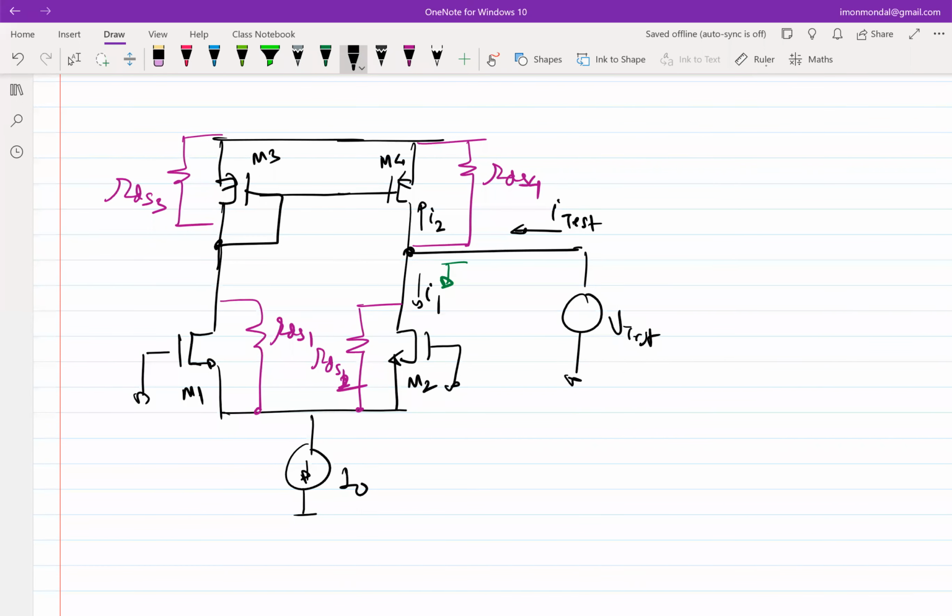We are looking into the drain of M2, but the source of M2 is not grounded. So you need to figure out what is connected to the source of M2 in terms of impedance. What is the impedance looking at this side? Can you speak louder? RDS1?